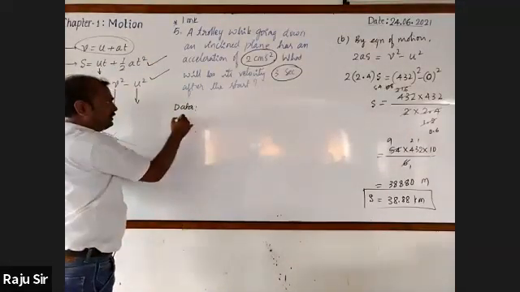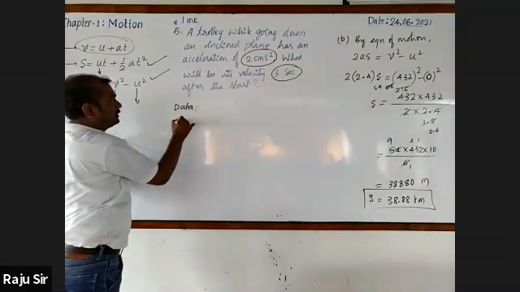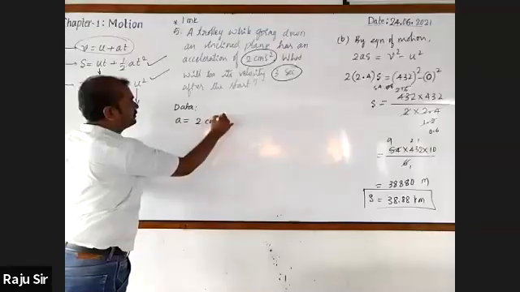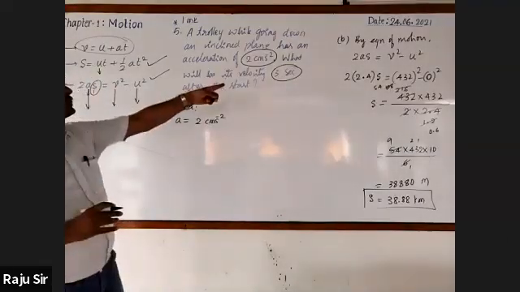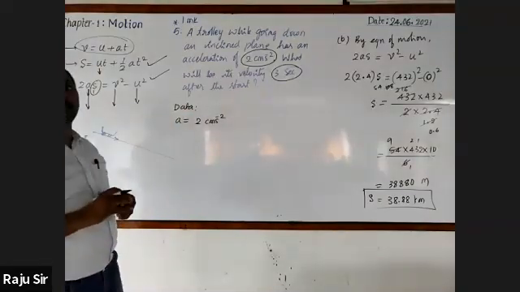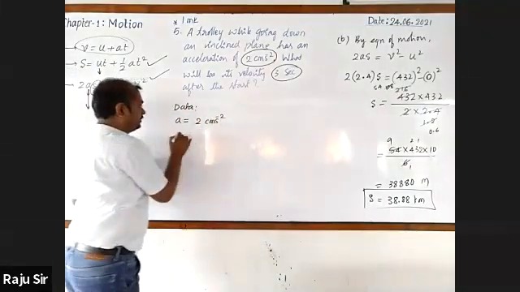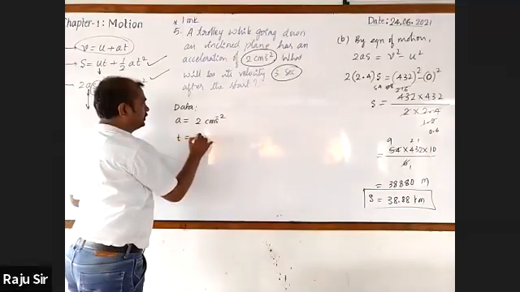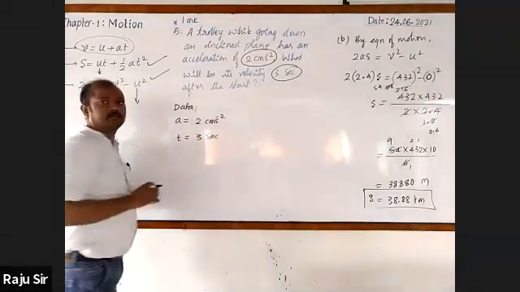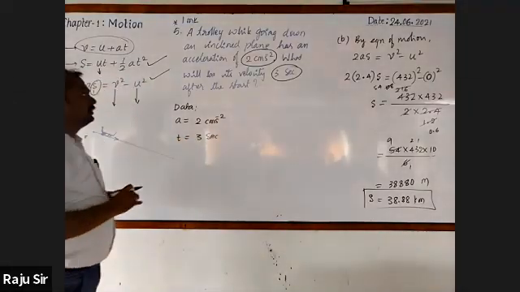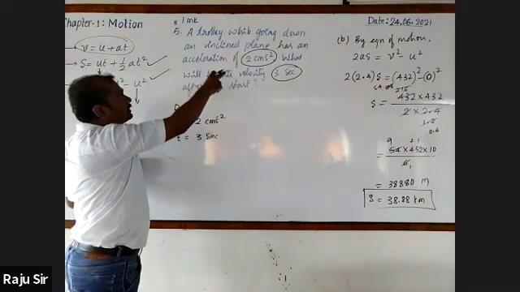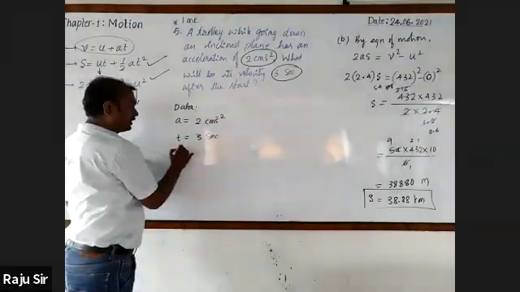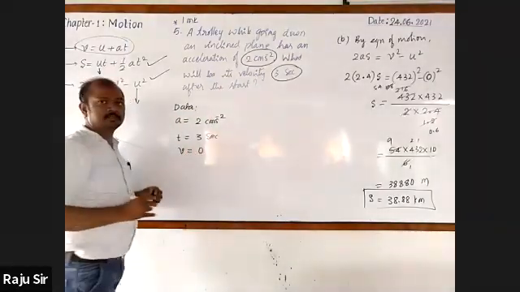Here I'll write the data. Acceleration has been given. It is 2 centimeters per second square. Next, what will be its velocity 3 seconds after the start? Time has been given. t is equal to 3 seconds. Next, it comes to rest after 3 seconds, so final velocity will be 0.